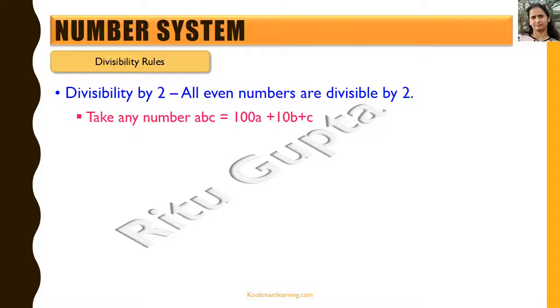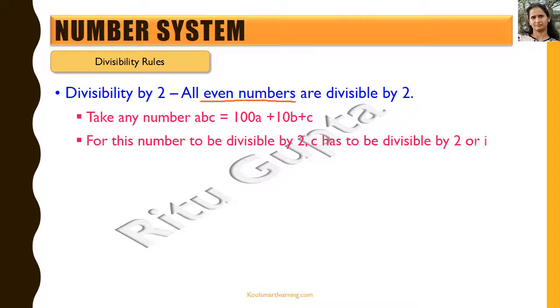So let's look at how we actually reach this conclusion that all the even numbers are divisible by 2. We take any number ABC and represent it in a general form, which is 100A plus 10B plus C. Now for this number to be divisible by 2, C has to be divisible by 2, because 100A is divisible by 2 and 10B is divisible by 2.